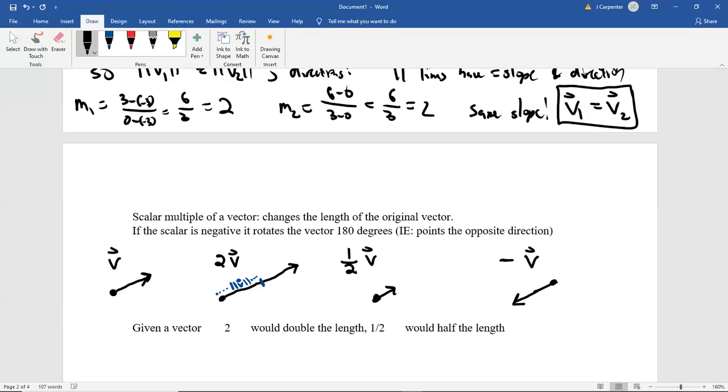And we already said the negative one just points it in the opposite direction. So given a vector v, 2v would double it, and then 1/2 of v. Let me just write the 1/2 there, so it doesn't look funny.